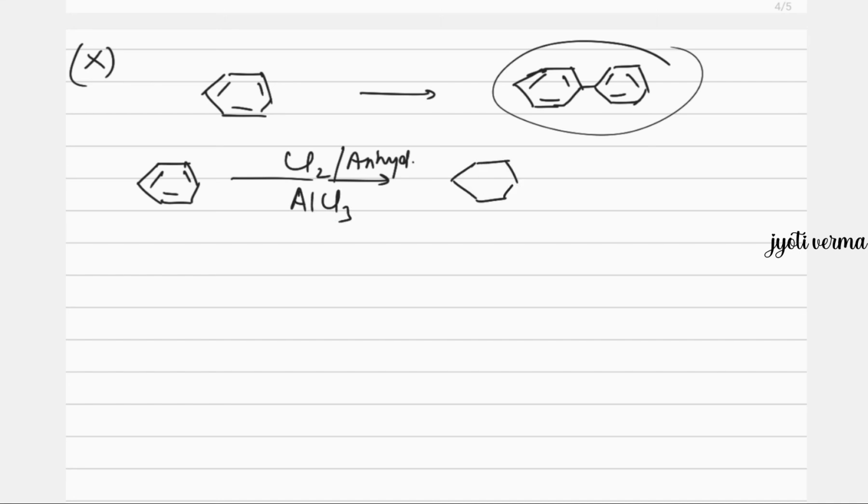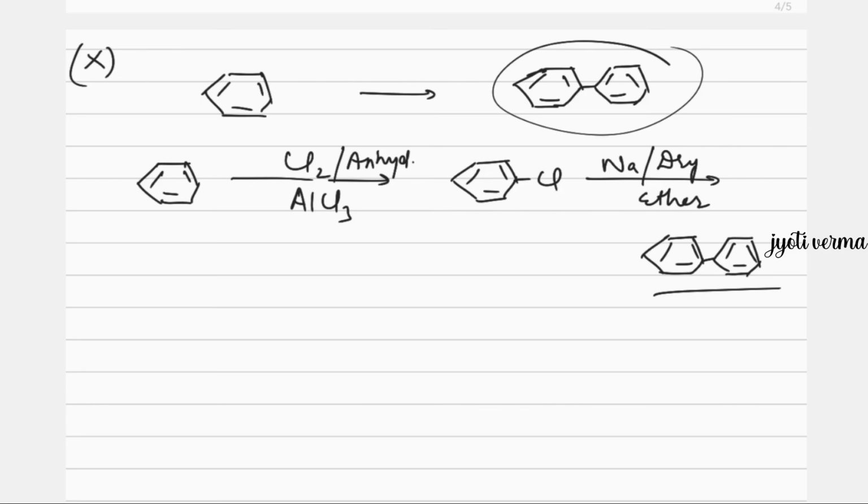It will undergo electrophilic substitution, giving chlorobenzene. Chlorobenzene, if we react it with sodium in presence of dry ether, will undergo Fittig reaction and we will get biphenyl like this. So this is how we can do all these conversions. Thank you.